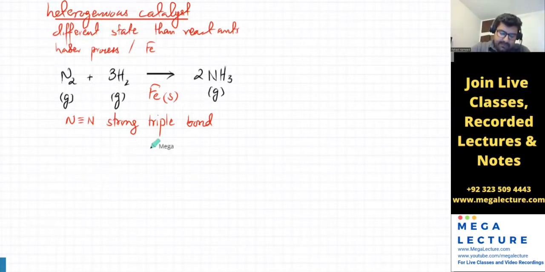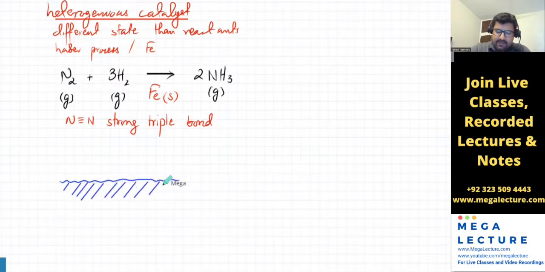Transition metals are very good catalysts. So here's your iron, Fe. Let's say this is the surface of iron. What happens is that this N triple bond N molecule along with the H2 molecule are flying around.